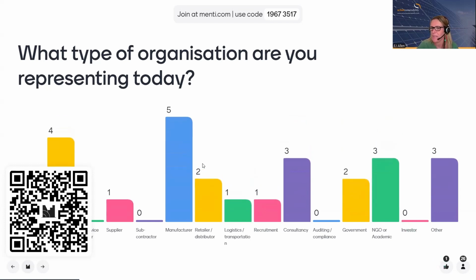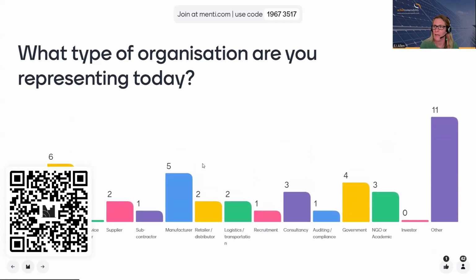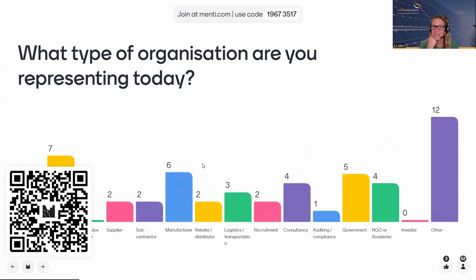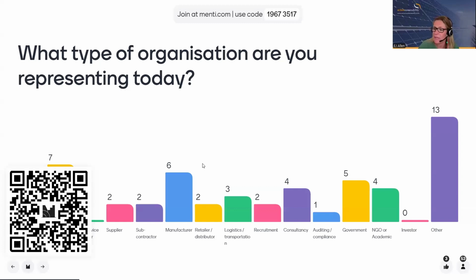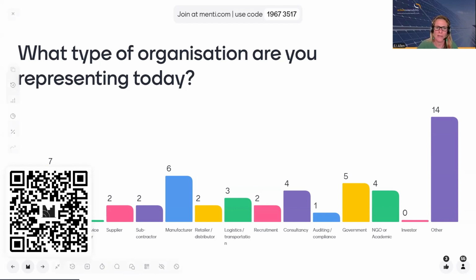You've got the QR code there if you still aren't in, and at the top of the screen you can see menti.com and the code. So hopefully, if you're not in, you'll be able to get in a moment. Of course, 11 others. What have we got here? We've got some manufacturers, some government, some NGOs or academic organisations, suppliers, subcontractors, recruitment agencies, consultancies. Okay, I'll leave that open in the background so you can carry on popping in your responses there.